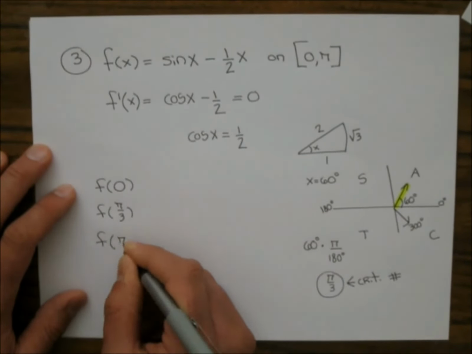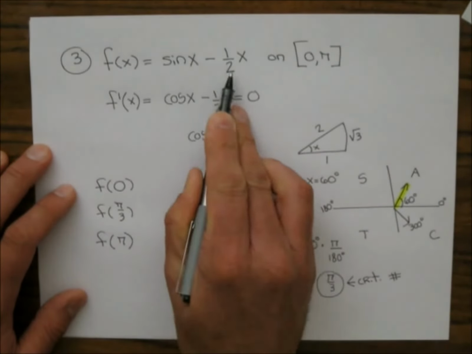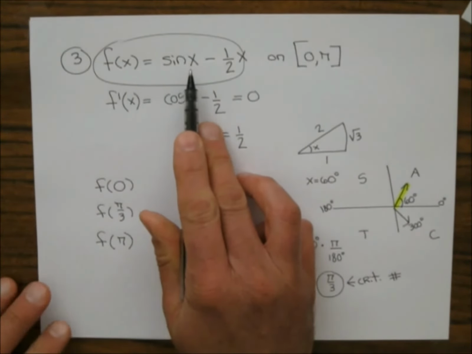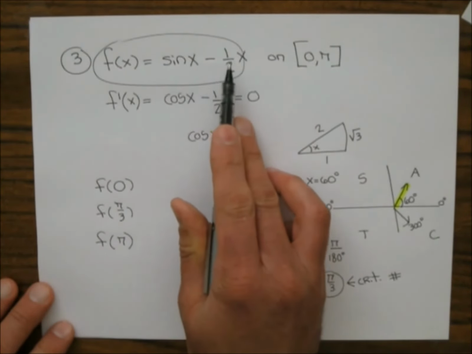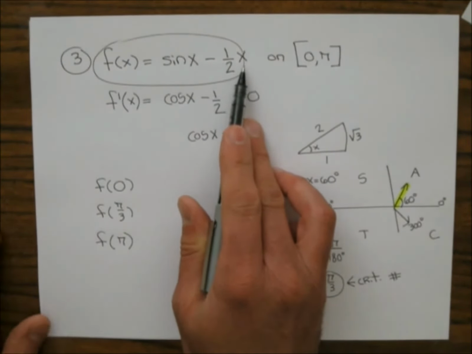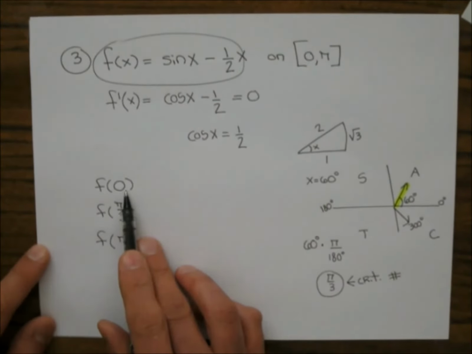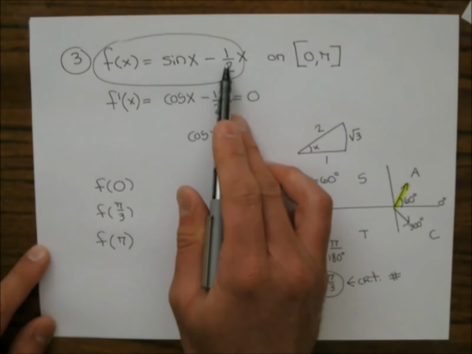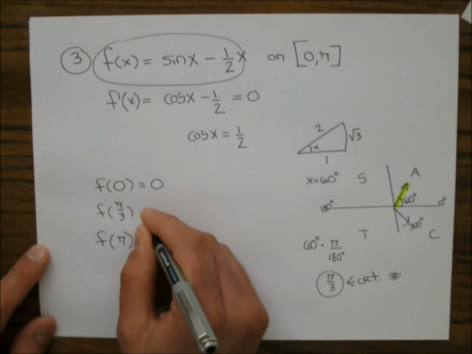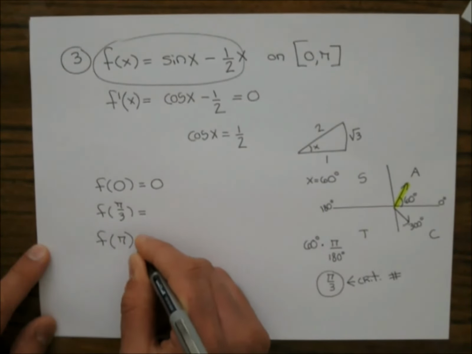Now here's the deal. The original function, this is what I'm looking at, has this x here, but it also has an x here. So what I'm going to do is just plug this into my calculator. The first one I don't need the calculator for. Sine of 0 is 0, so the first one gives me 0. We don't know who's going to be the top dog, who's going to be the bottom dog.